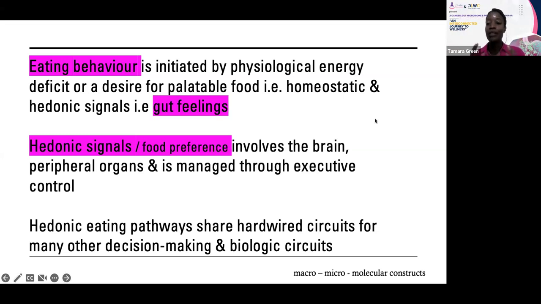And we call that the prefrontal cortex. Hedonic eating pathways share hardwired circuits for many other decision makings and other biologic circuits. And we're gonna speak a little bit more on this.